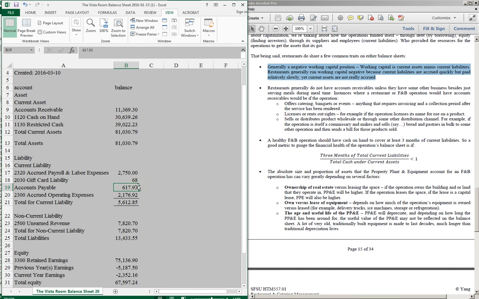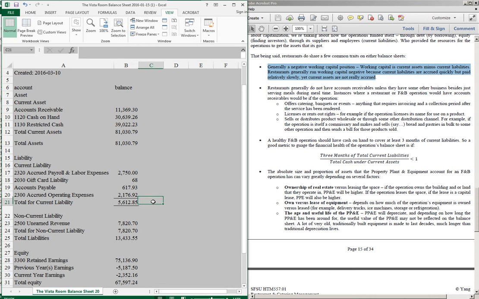All of that food you're buying, the alcohol, whatever supplies you're buying, they come in weekly, if not daily. So they come in very quickly, but the payment terms are usually for a month. So you're holding on to a month's worth of invoices, and you haven't paid them off yet. Your payroll, people are generally paid every 2 weeks or so, so you're holding on to a lot of these payables all at once. So the idea is you're racking up more payables than you are racking up receivables.